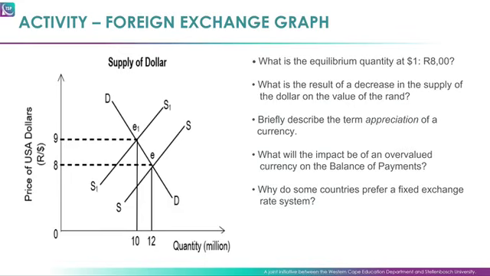Right, first study the graph. This graph deals with the supply of the dollar, so that tells me we're looking at imports or exports here. Obviously this deals with exports. The supply is displaced to the left, a decrease in the supply, which means my exports are decreasing.